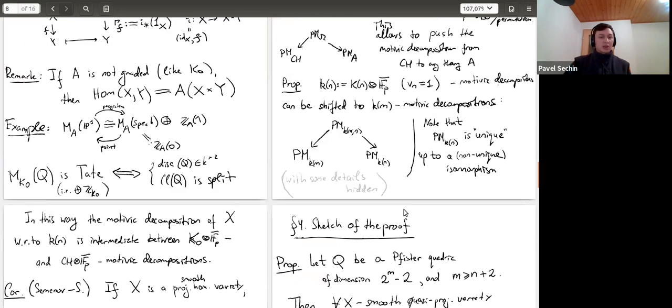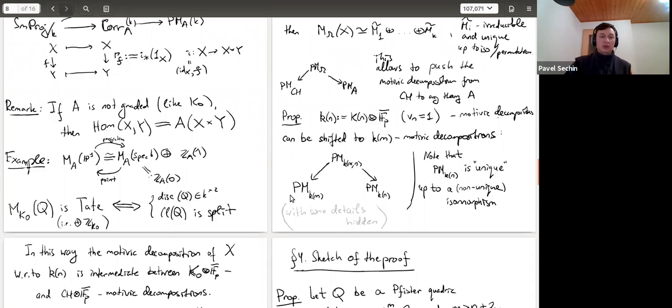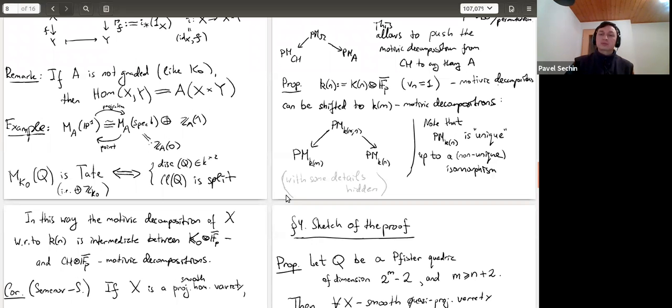So in this way, the motivic decomposition of X with respect to Morava K-theory sits in between the motivic decomposition with respect to K0, I'll explain why, and of course Chow groups, because the Chow groups is the sort of the strongest or the weakest motivic decomposition that you have.